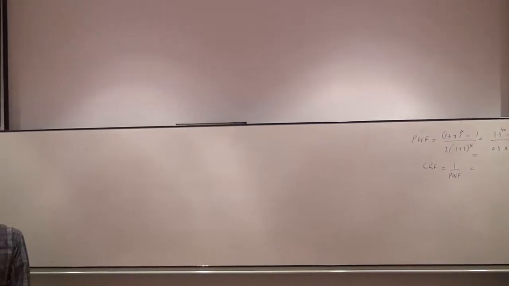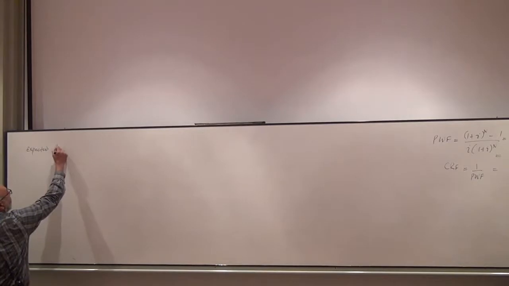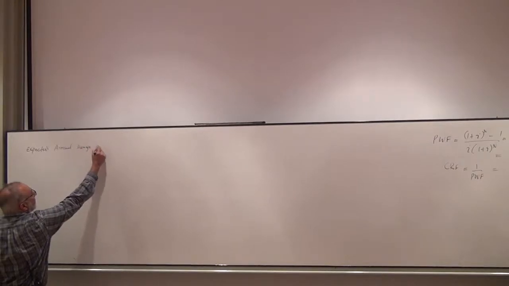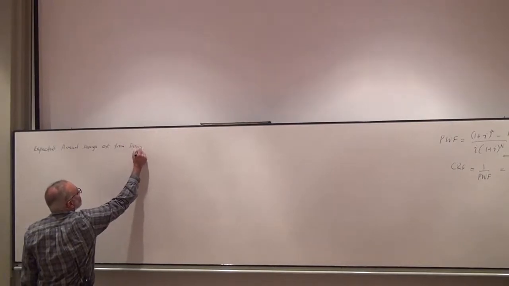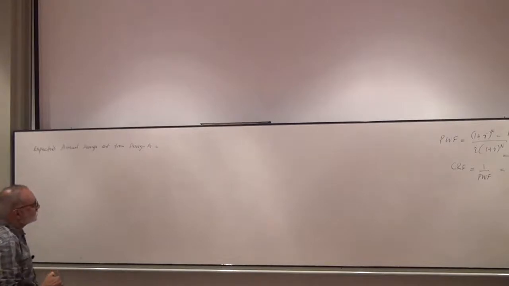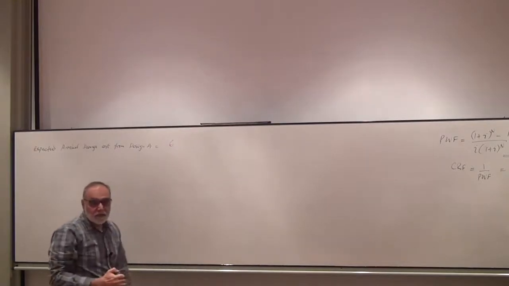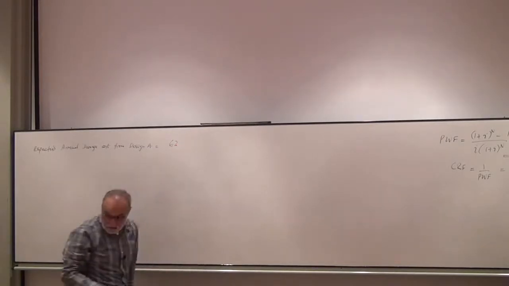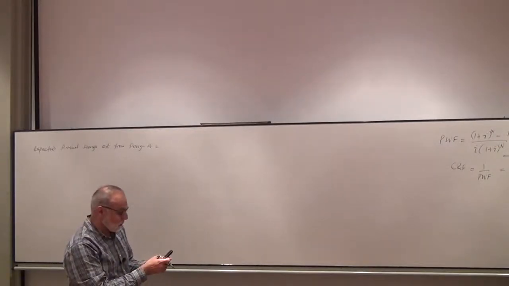Let's do it on an annual basis. Expected annual damage cost from design A. Each time the overflow occurs, the damage is 600,000.